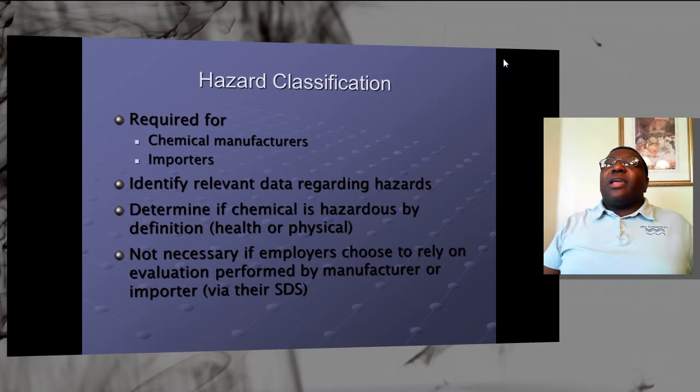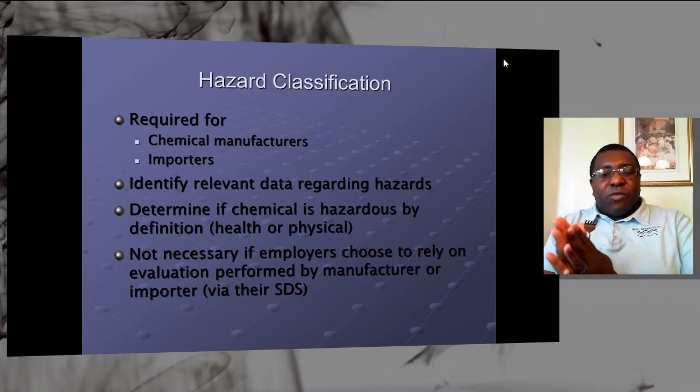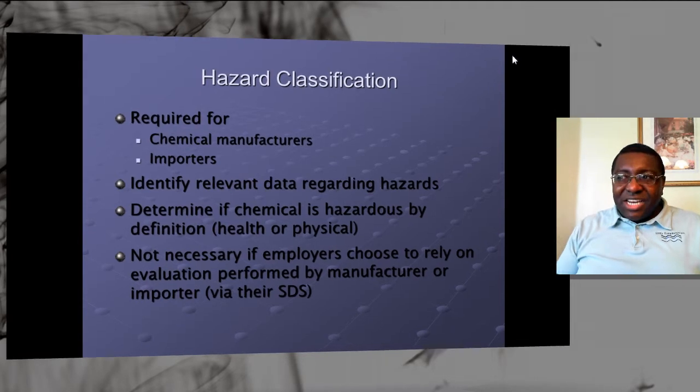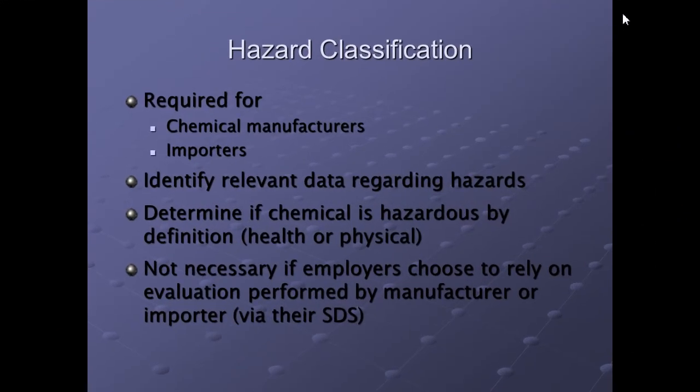So now, instead of having a chemical manufacturer or importer going to your facility to tell you about the hazards of dealing with their chemical, they create these safety data sheets and send them to you through their chemical packaging. Once you get that, that's the manufacturer and the importer informing you of what the hazard is.